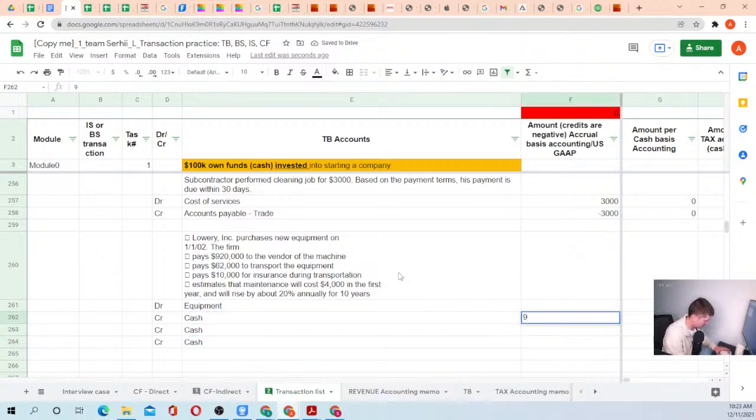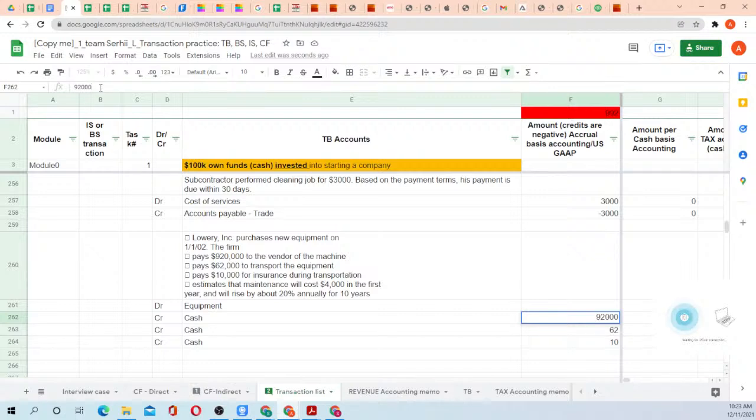So 920,000, 62. I'm using just dollars, not thousands. Probably I need to invest more money. Let's do 92,000, 62,000. Oh no. I'm trying not to put our company into a negative cash position. 10,000 will be just 100. And all of these are credits.